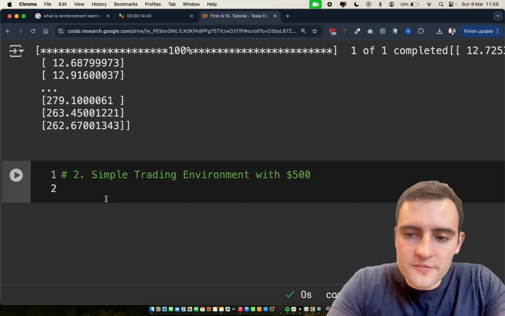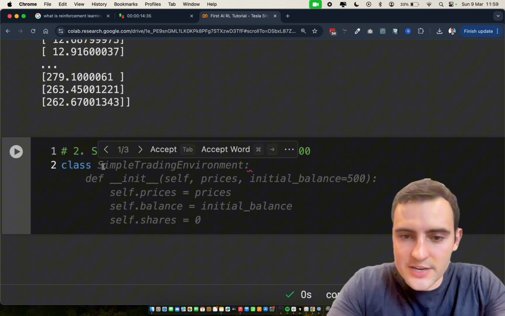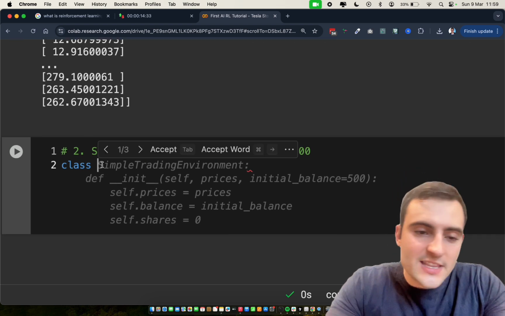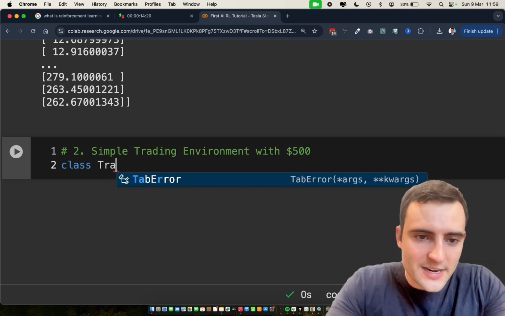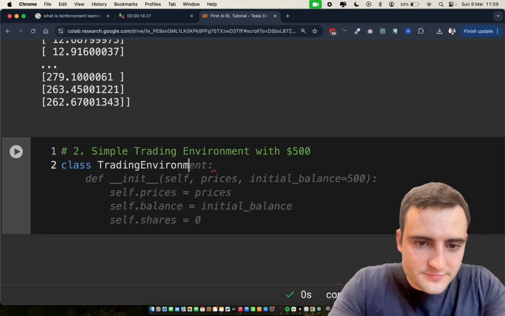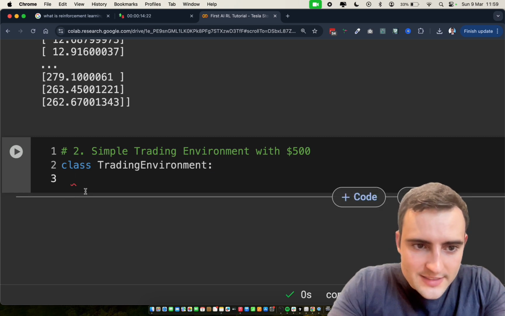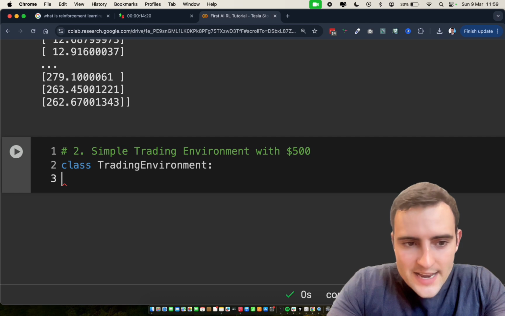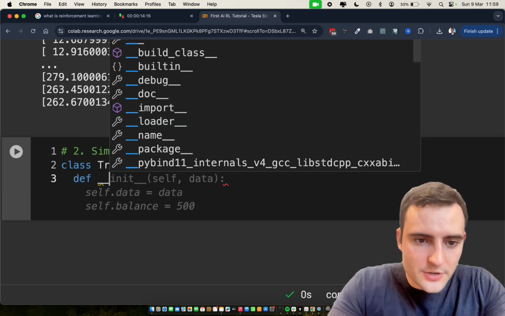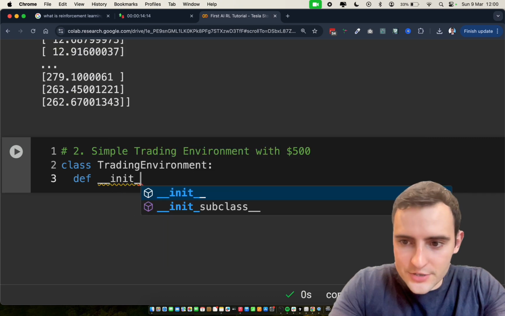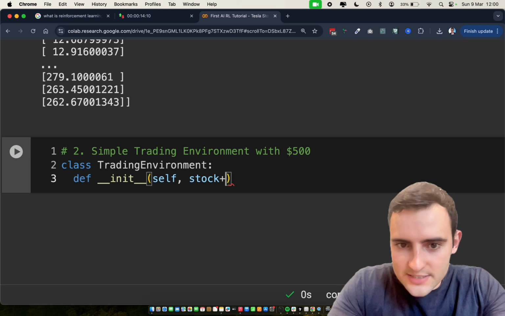So we'll start off by writing class. This is basically a structure that we can use to define this world. This world, in this case, is going to be a trading environment. So we write TradingEnvironment, colon, and this is what we use in order to create the environment. Next, we're going to start by doing def __init__, and then we write self and stock_prices.